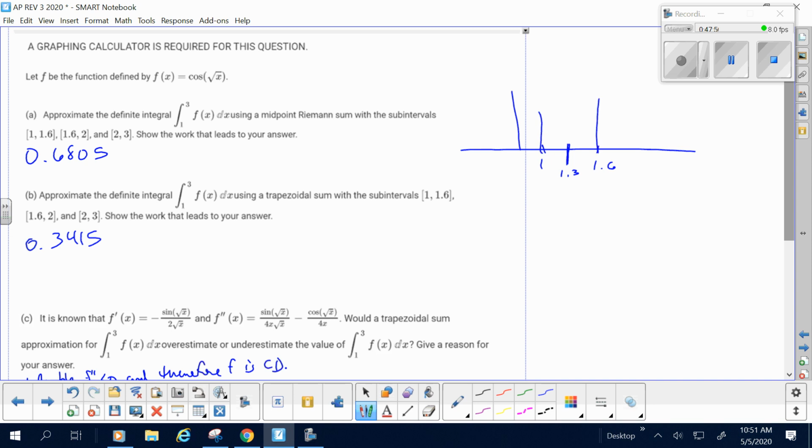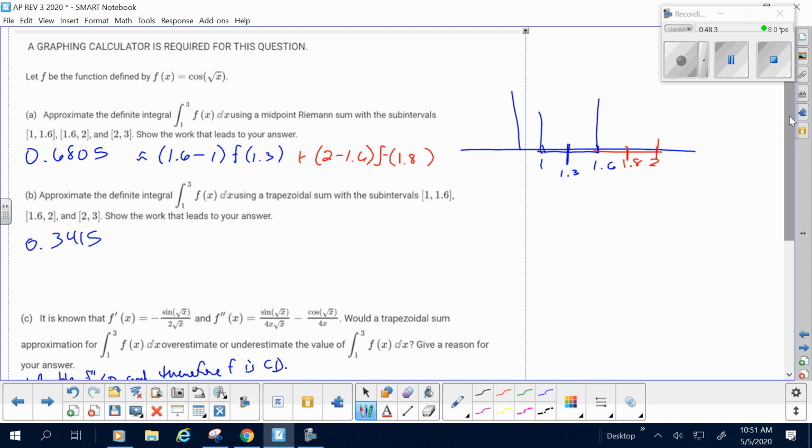I'm going to use a delta x of 0.6, and then the function at the midway point, f at 1.3. The next region is from 1.6 to 2. The halfway point is 1.8. So the next delta x is 2 minus 1.6, or 0.4, and the height I'm going to use is f at 1.8.